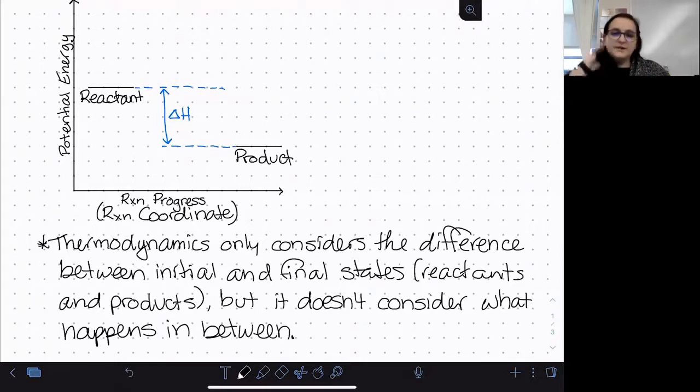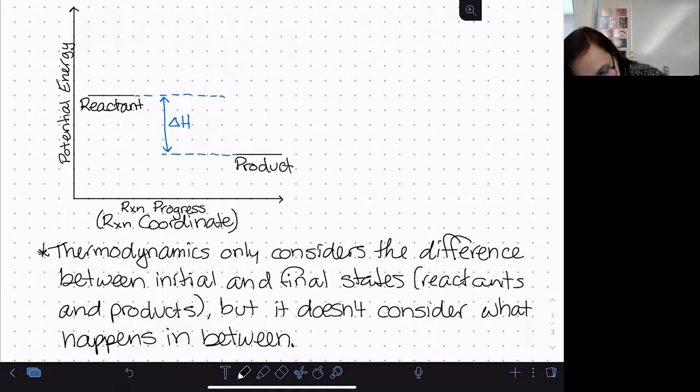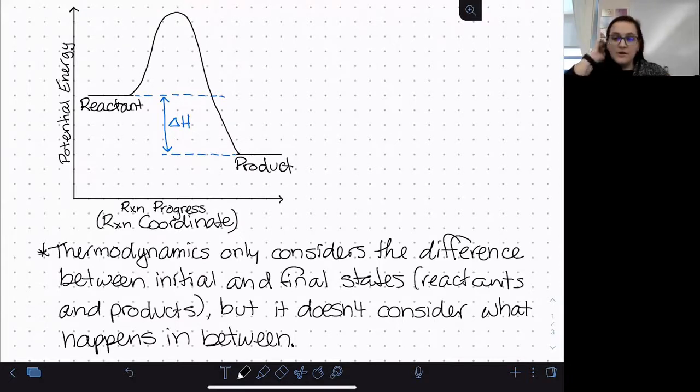And energetically speaking, this is important because it's not a straight line. As our reaction proceeds, our energy does not go directly from reactant to product. What always happens, actually, is that from our reactants, the first thing that happens is our energy goes up, and then it comes back down to wherever our products are.